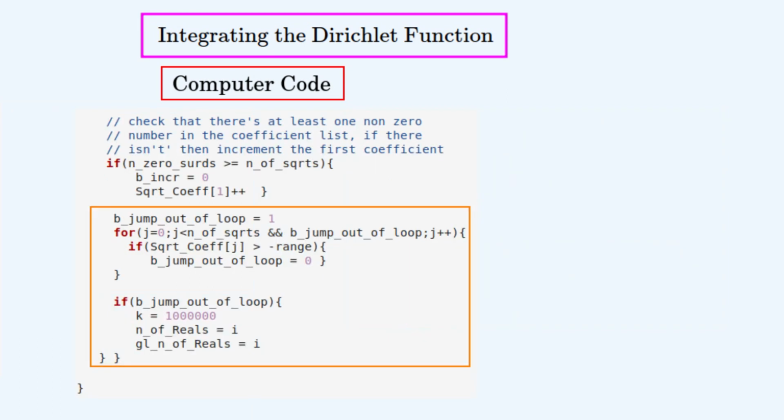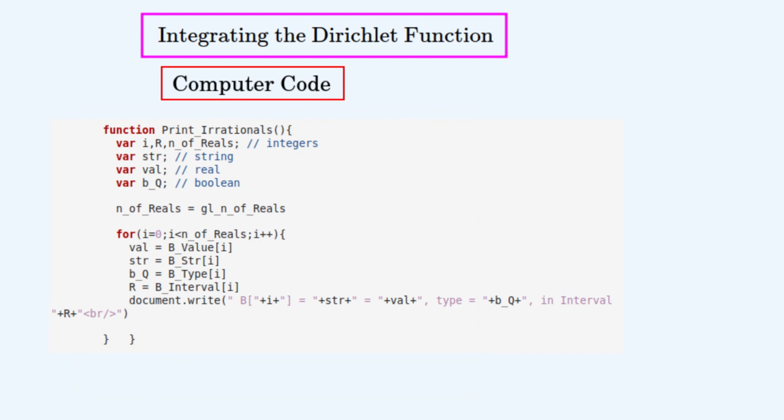I've inserted this code here to jump out of the main loop early, so that the same irrational numbers are not found all over again, due to the coefficients vector overflowing and counting all over again from the beginning. I won't go too deeply into this part of the code, because it is more for error correction rather than for doing math. And then we'll save the number of irrational numbers found into this global variable here.